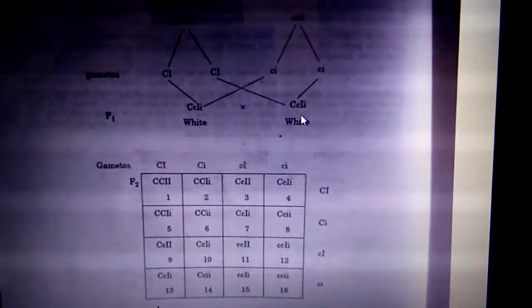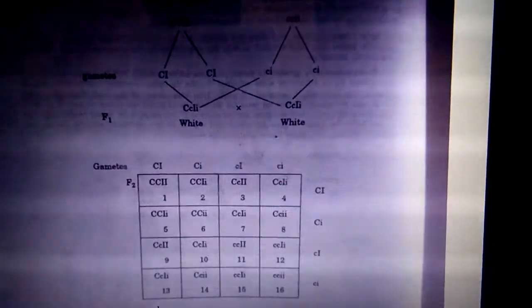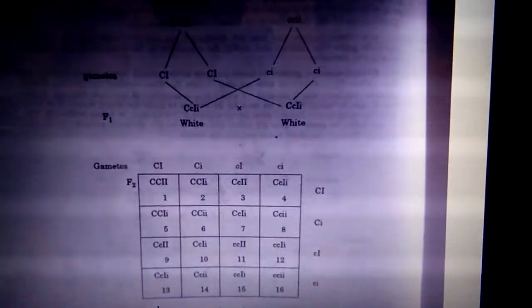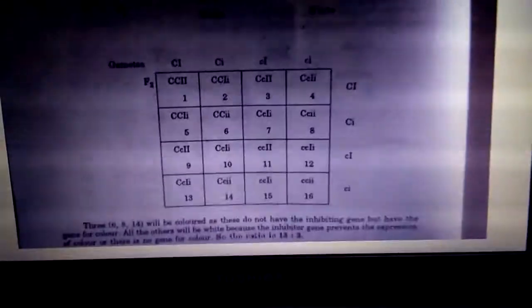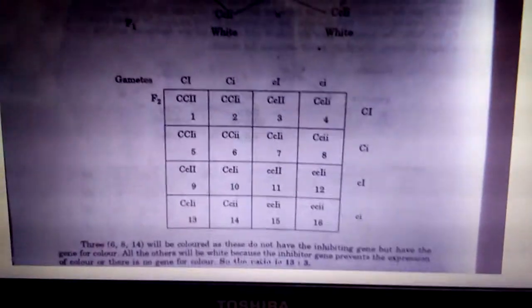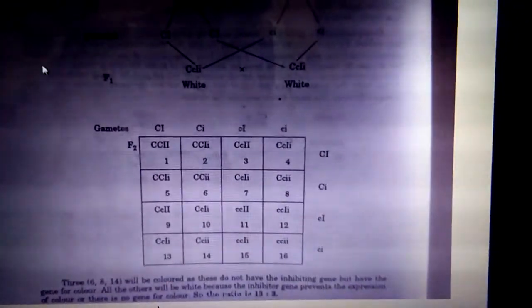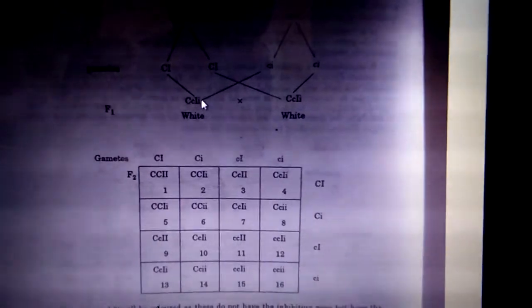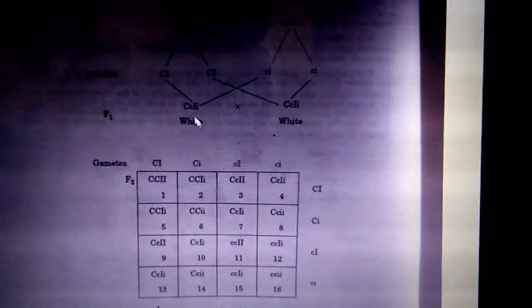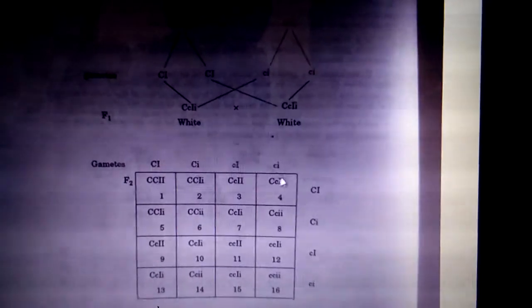So the F1 will all be white, and in the F2, white and colored chicken appear in the ratio of 13:3. The gametes produced from the first filial generation will be capital C capital I, the first one, capital C small i, second, small c capital I, third, and small c small i, the fourth.